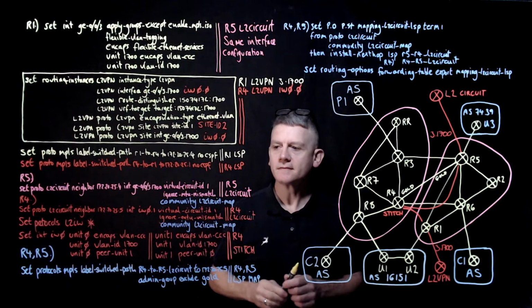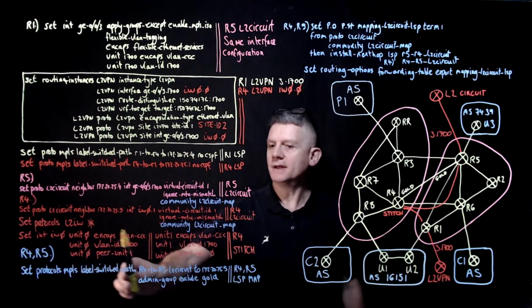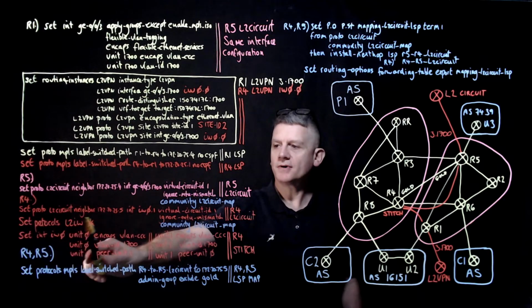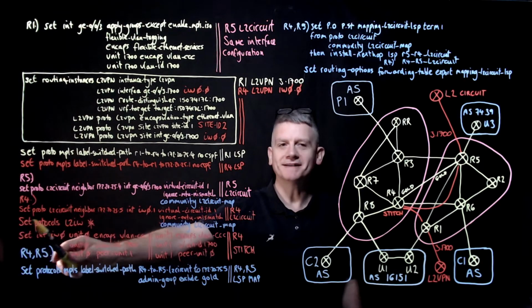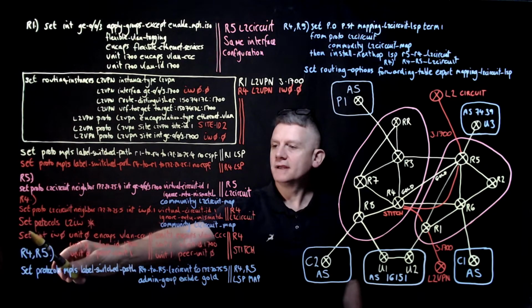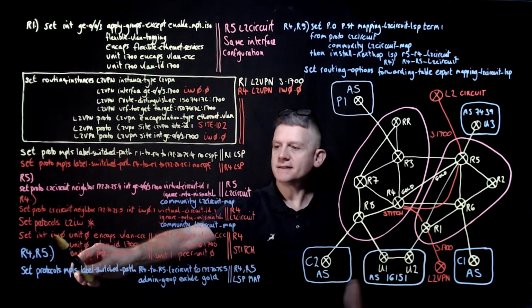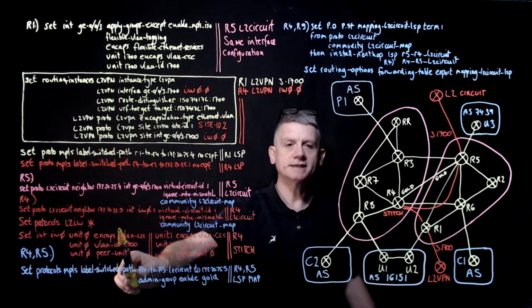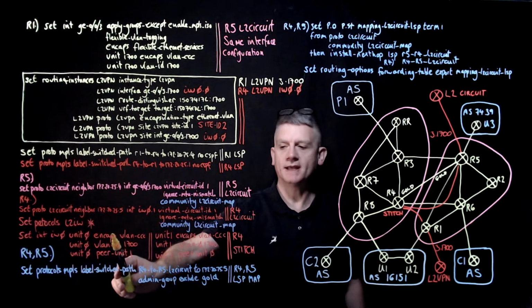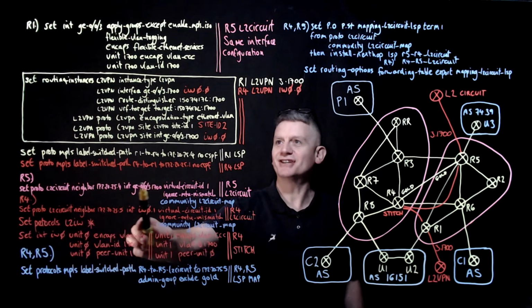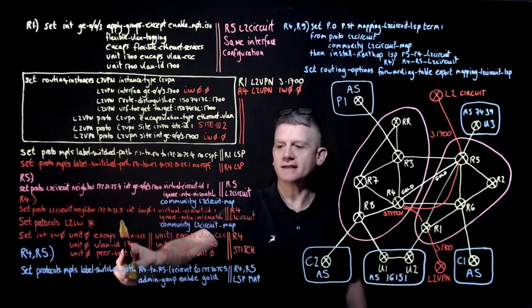Okay, now we come down, we look at the actual stitching together. On the stitching together, we've got this protocol running, which is required for this IW0 interface. So set protocols L2IW, set interface IW0, unit 0, encapsulation VLAN CCC. That's the same encapsulation everywhere here, because of course this is the LDP version of the layer 2 VPN, so it's exactly the same.